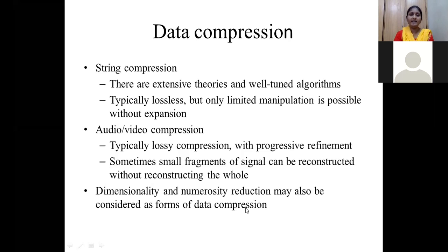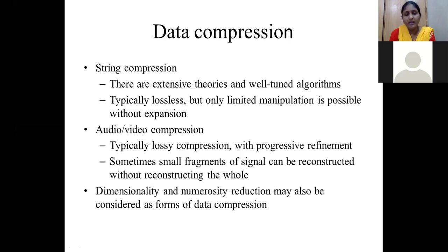Because in data compression we are reducing the volume size by eliminating redundant information and noisy data. In dimensionality and numerosity reduction also, we are replacing the original data by a lower volume of data.